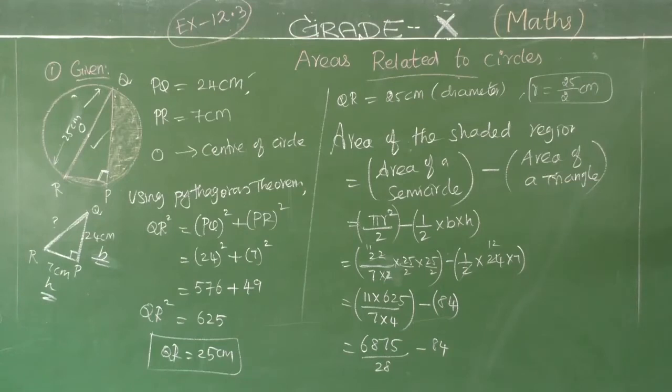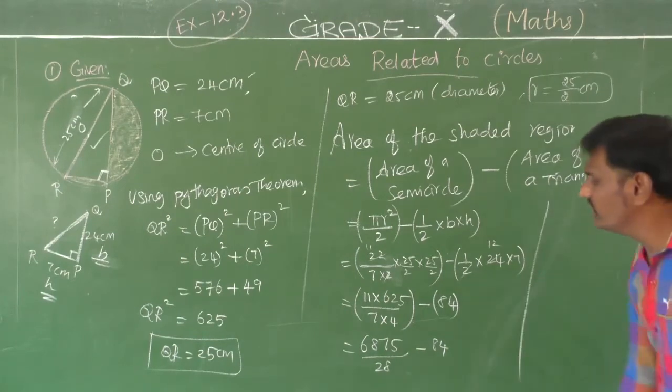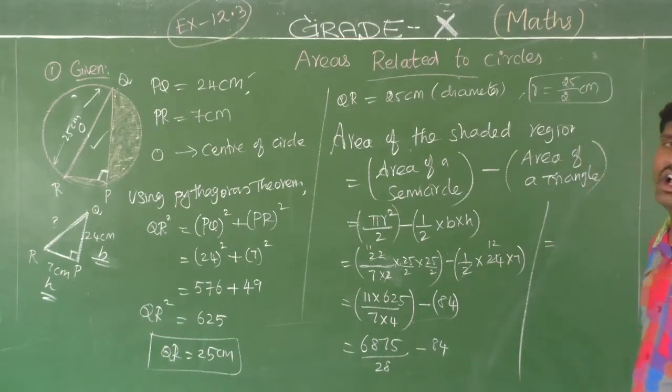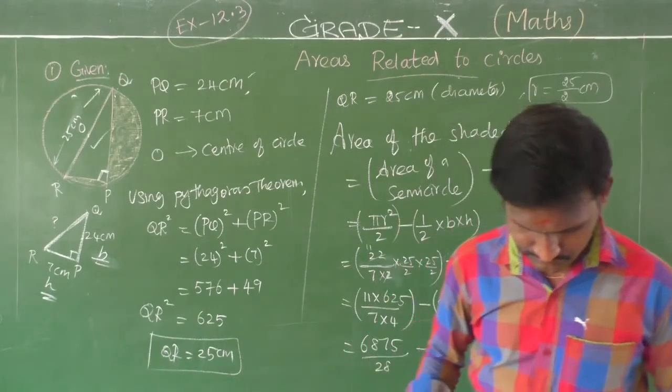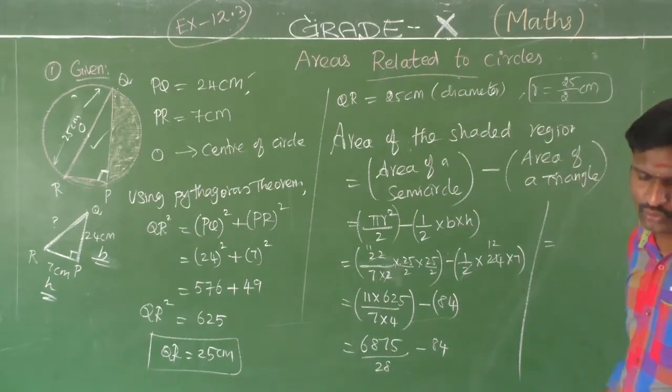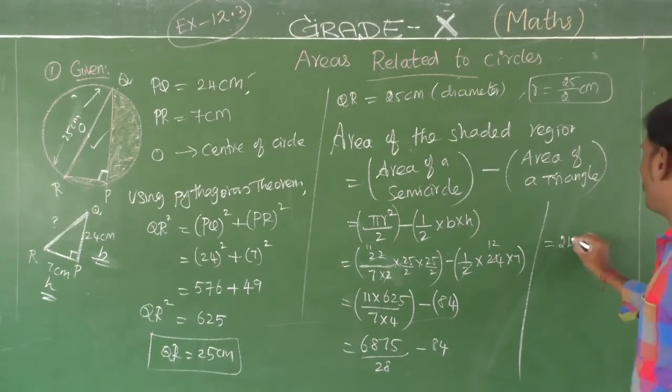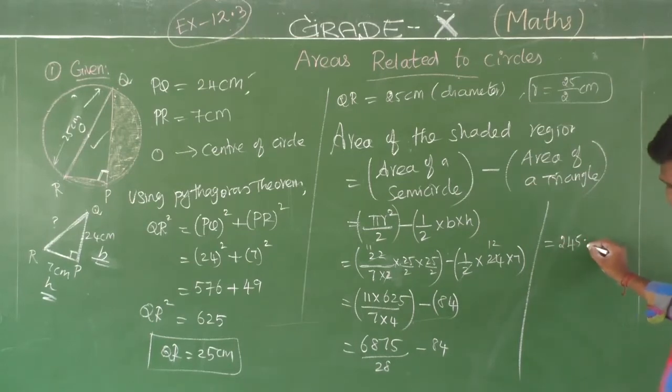6,875 by the 28th table. Okay, check the division, students. You have a value of 245.54, minus 84 already you have.